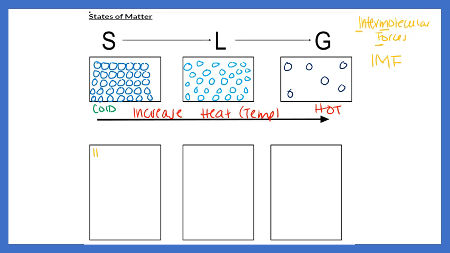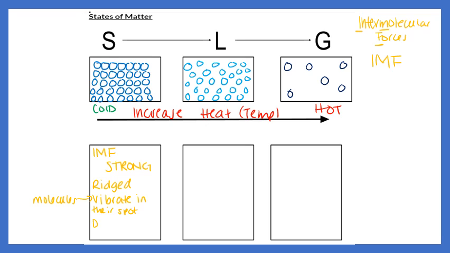So the intermolecular forces for solids are strong. Okay? Solids are rigid. They can vibrate in their spot, so they can move up and down in their spot, but that's it. So we call this vibration. The molecules vibrate in their spot.